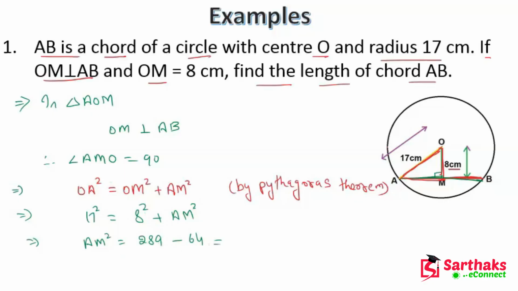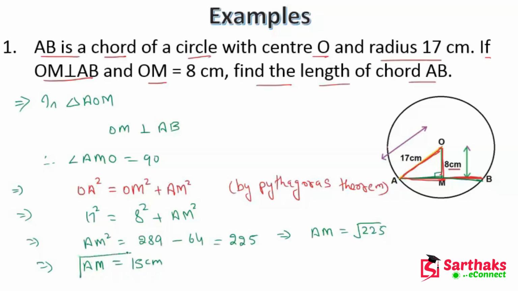After solving this we get 225. So AM is equal to under root 225, which is 15 centimeter.